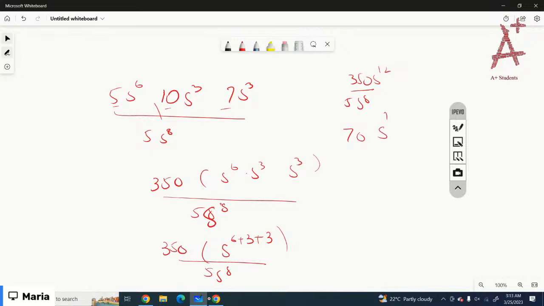Here you have 12 and here you have 8. You can subtract 8 from 12, which is 4. So it would be 70 s4. The correct option is 70 s4.